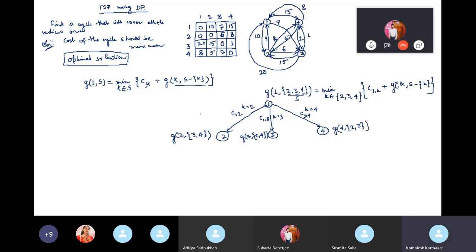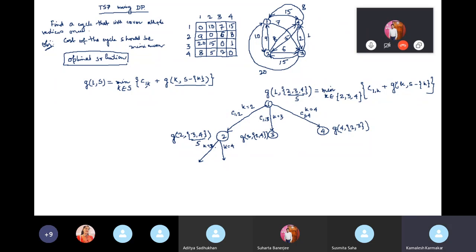So using this recursive function, we can expand this tree. Now, what will be the next choice? From 2, what can be the next vertex? K belongs to this set. Now, this is S. So what will be the next possible path? Here K can be 3 or K can be 4.